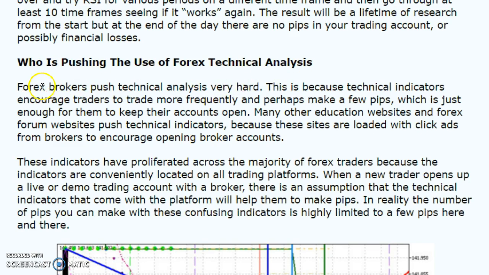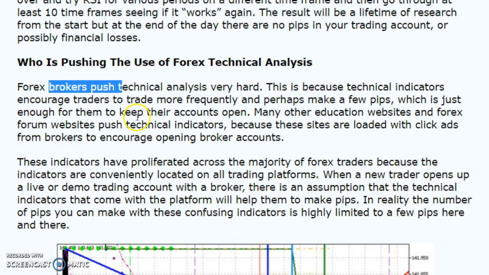Well, the brokers do. Every broker platform comes with technical indicators. If you go out on the internet and search for Forex signals, it's all based on technical indicators.